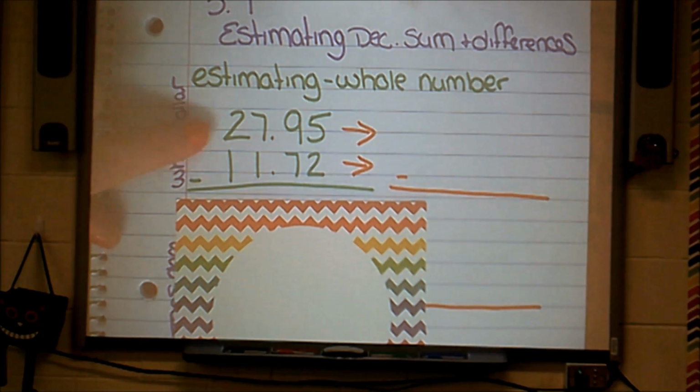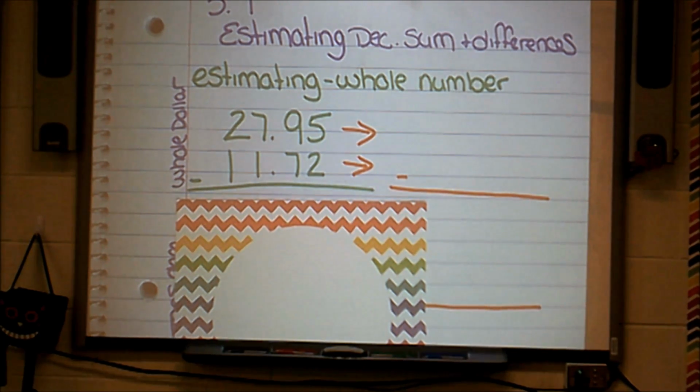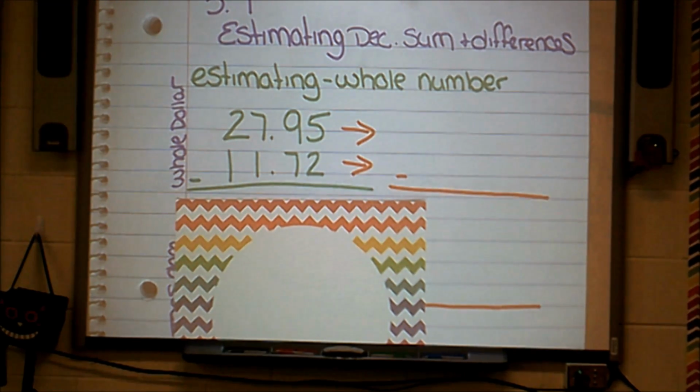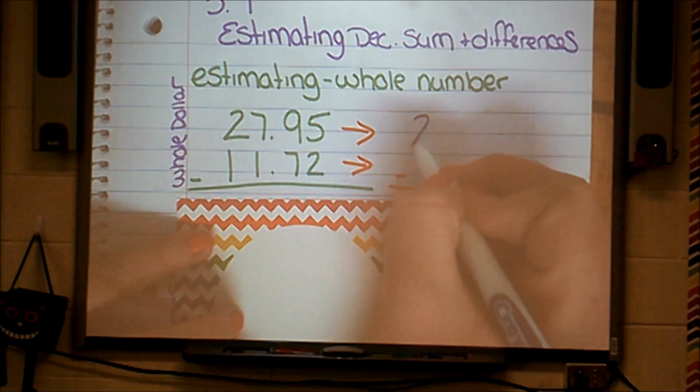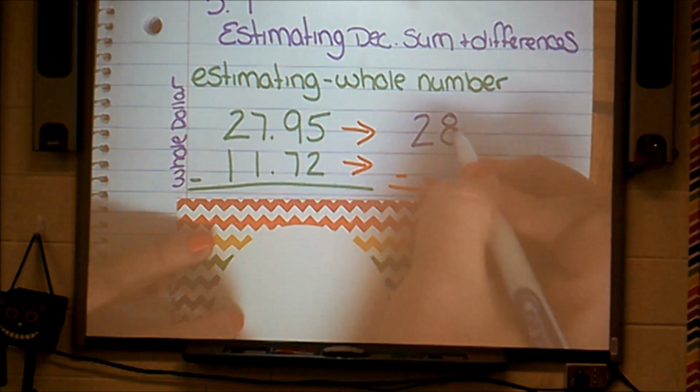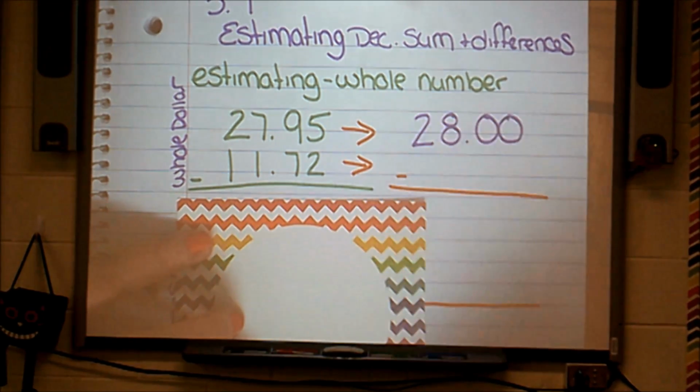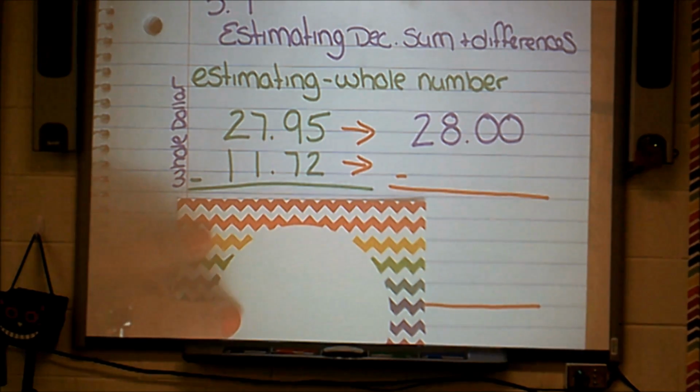Looking at our first number in our subtraction problem, again, I like thinking of decimals as money. So 27 and 95 hundredths, or $27.95, rounding that to the nearest whole dollar. I hope we can all agree that that is almost $28. It's very, very close to $28, 5 cents away in fact.